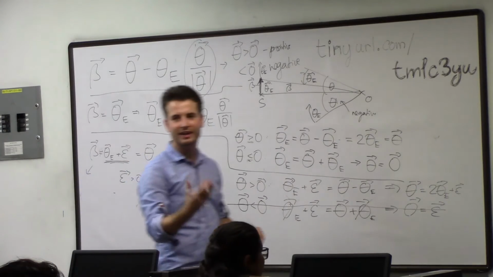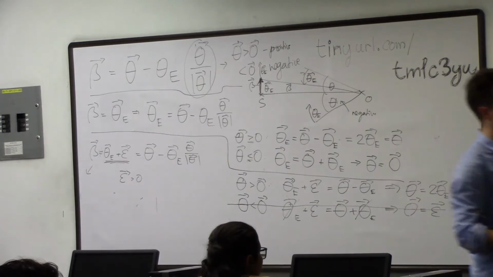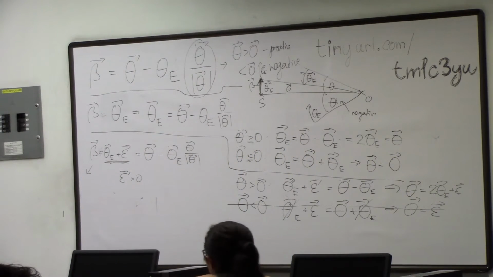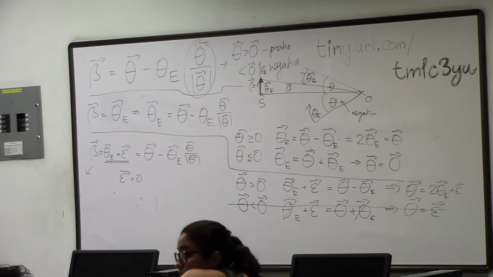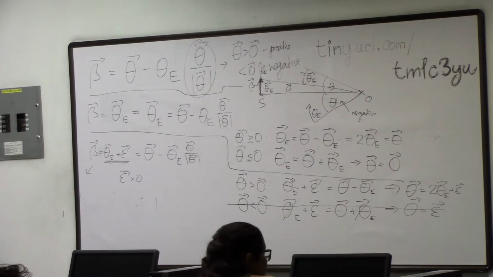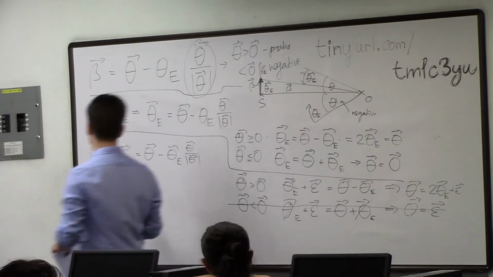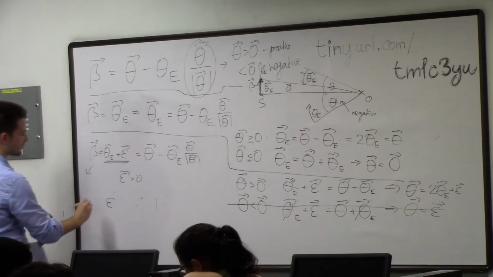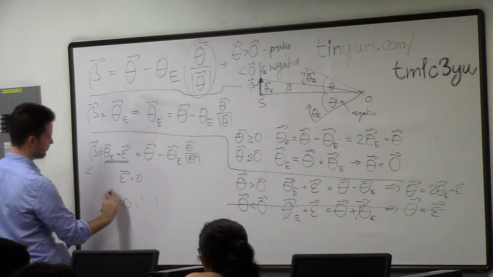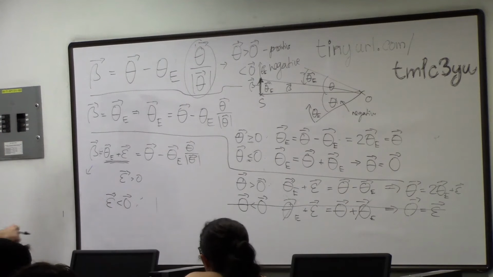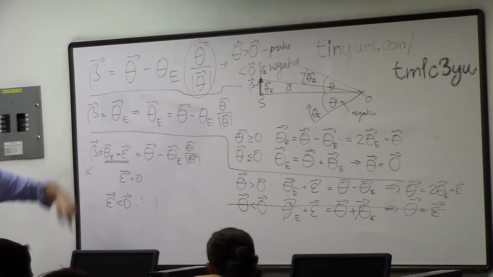If it's negative, we get a result that it has to be positive. There is no central image here. And then you can repeat the exercise one last time and make epsilon smaller than 0 vector, which means it's negative now.